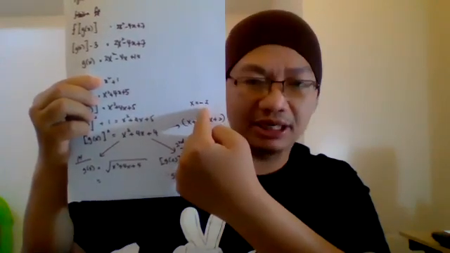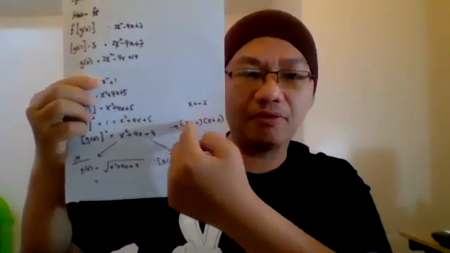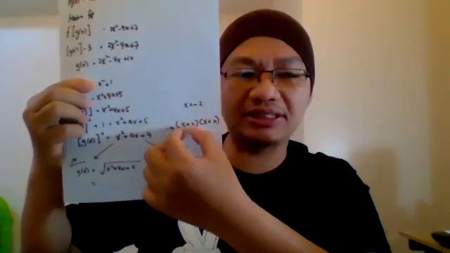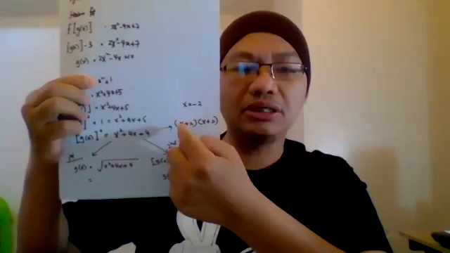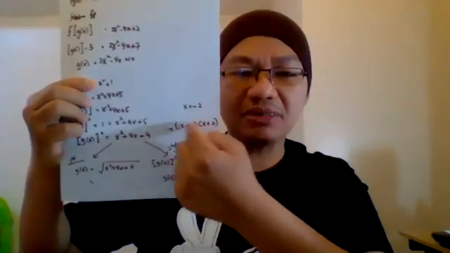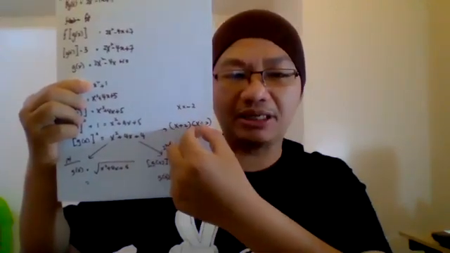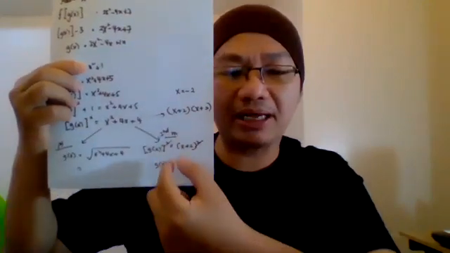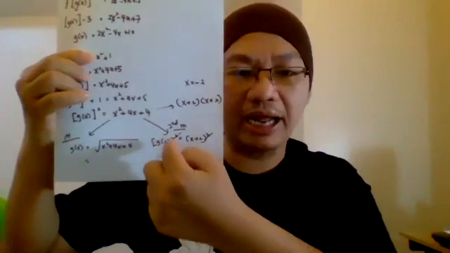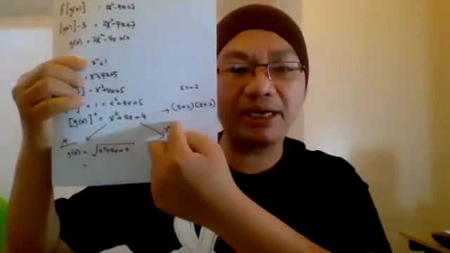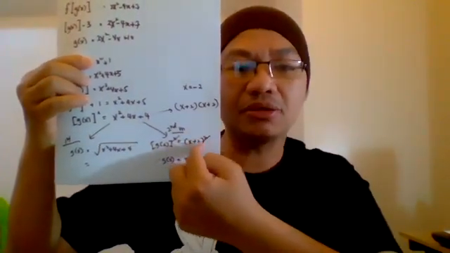This is a single root here. That means both of the brackets have the same positive 2. Since both brackets have the same value, they are repeated, so we can combine them: gx bracket squared, and this quadratic we simplify to x plus 2 squared.